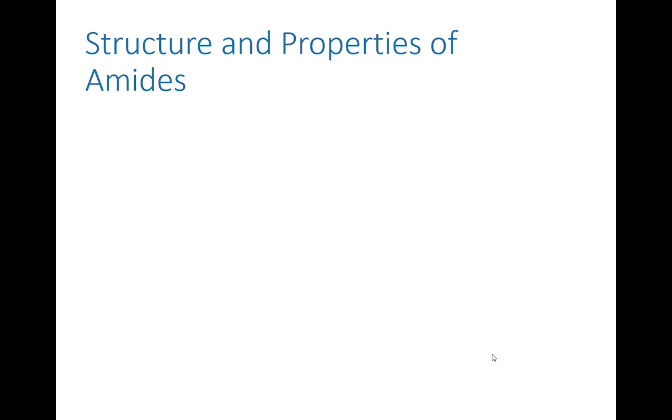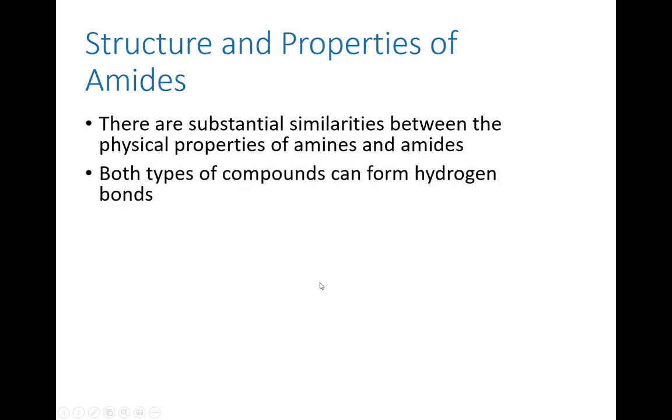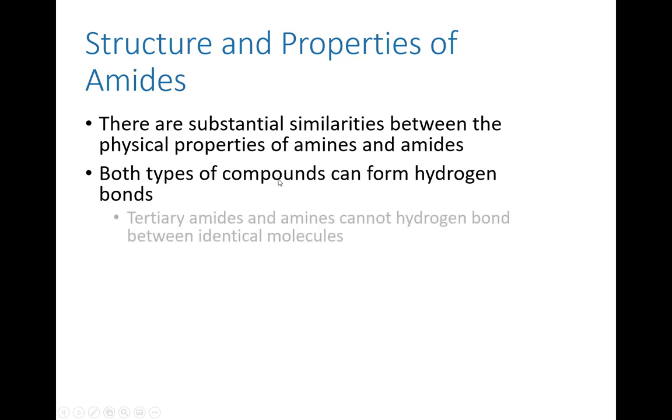Now, when we look at amides, we find that there are some similarities between amides and the very closely related amines, although there will be one very big difference that we'll see in a moment. So both of these types of compounds can form hydrogen bonds, although we run into the same problem with tertiary amides that we did with tertiary amines.